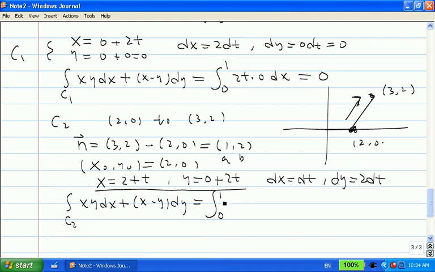Then replace x here by 2 plus t. Replace y here by 2t. Replace dx by dt. Then plus another integral, 0 to 1. Replace x by 2 plus t. Replace y, minus y, which is minus 2t. Then replace dy by 2 dt.